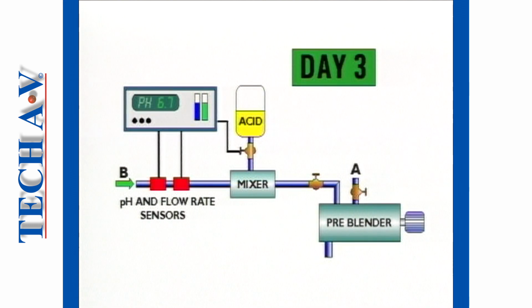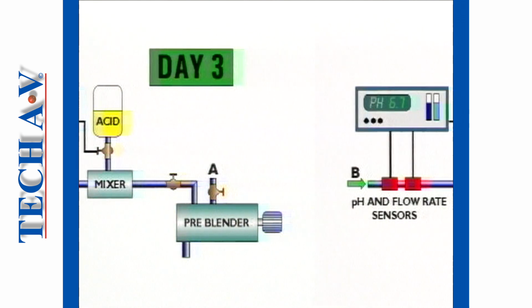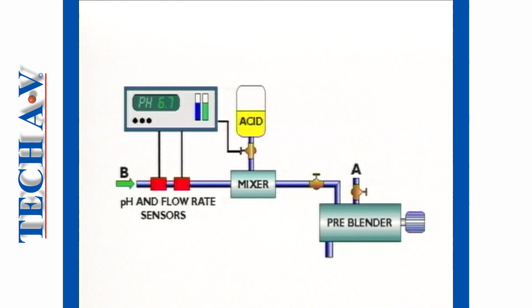But on the 3rd day, the pH varied between 6,6 and 6,8. Even more acid was added than on the previous days, and there appeared to be nothing wrong with the process. Tests later revealed that the pH of component B was off specification, causing the product to be rejected. Here's what happened.